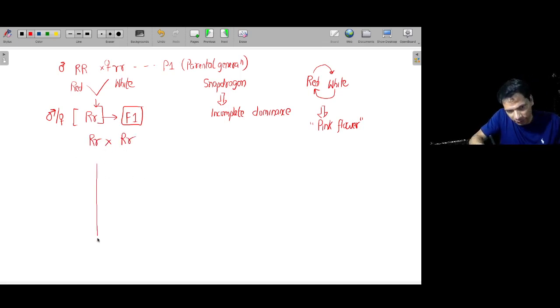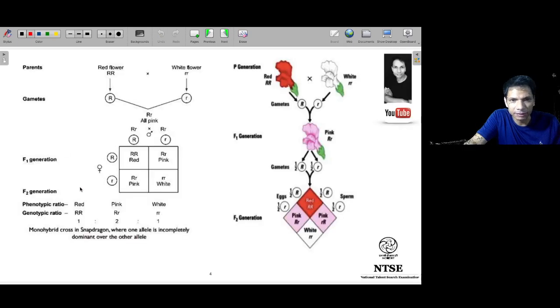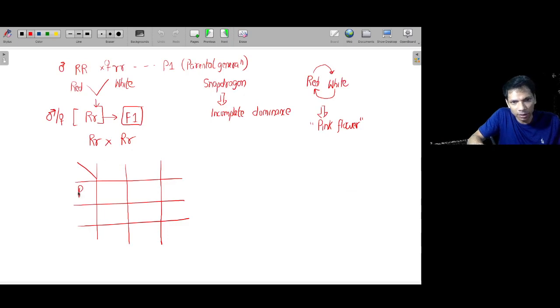Quickly we will make a Punnett square and see how the outcome happens. There are two kinds of gametes we are forming here, R and r. Remember, this is actually a monohybrid cross, a Mendel's monohybrid cross.